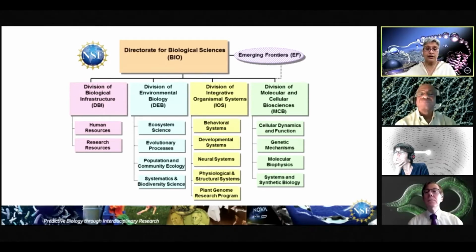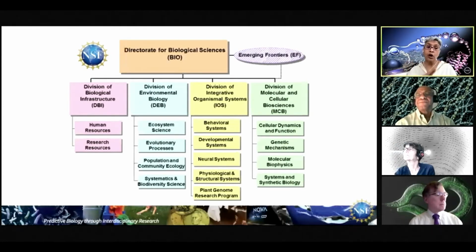Bio's mission is to enable discoveries to understand life and to advance biological knowledge across all scales of biological complexity. And here's another interesting number. About 70% of academic basic research in non-medical biology is supported by the NSF, including Bio, so a pretty substantive percent. So let me define Bio a little bit. It's organized into multiple divisions.